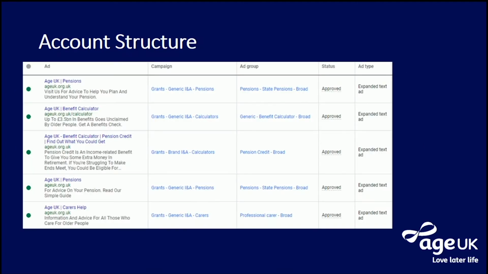I just wanted to show you quickly as well an example of our account structure. So this is looking at our individual ads themselves. So we've got a few in here on pensions, and then we group these into campaigns. As you can see, the structure there is grants, generic information and advice, pensions, or calculators.